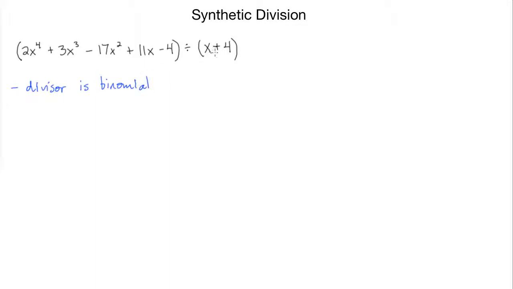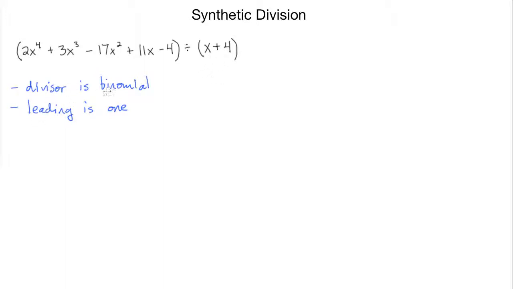So here we're dividing by x plus 4, so that's good. The leading coefficient is 1, so we have a 1x right there. And if we have those two things in place, then we're able to do synthetic division. But if I had, for example, a 3x plus 4, or a 3x squared plus 4, those wouldn't work.